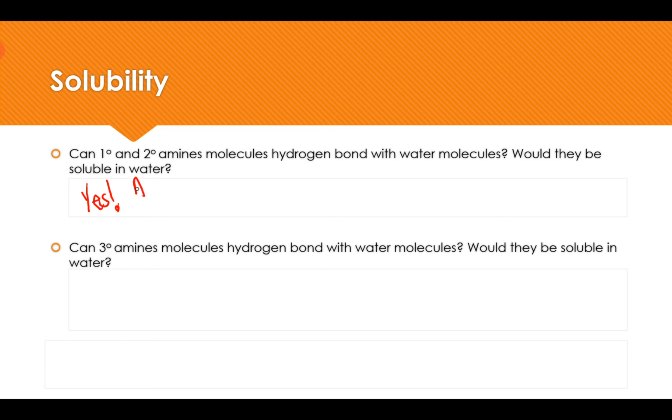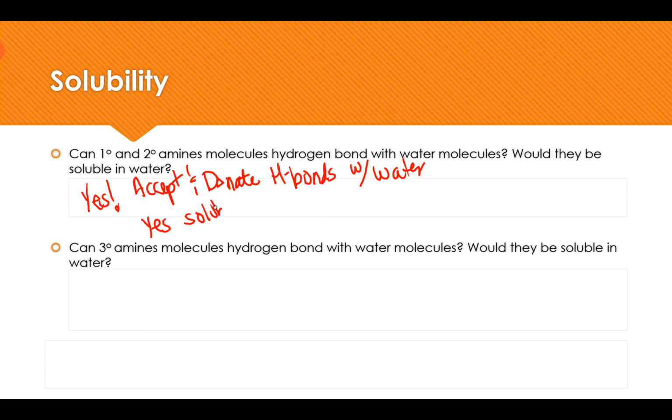They can both accept and donate hydrogen bonds with water. And so, yes, we do expect them to be water soluble, as long as the carbon chains are not too long. So yes, they'll be soluble if the carbon chain is short enough.